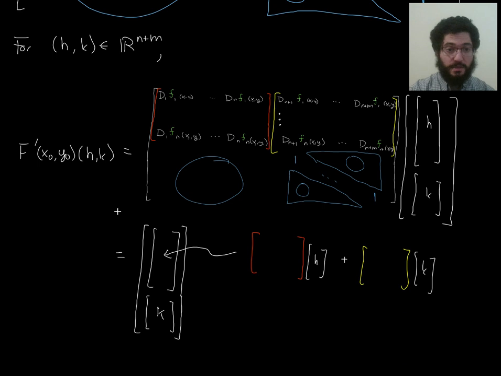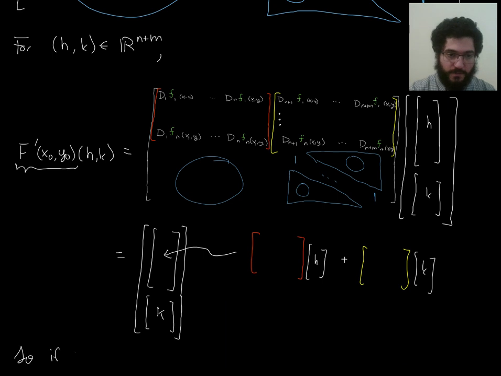Okay, so what I'd like to prove is that this is invertible, right? I will just prove it's injective. That will be sufficient, since it's a linear map from a vector space to a vector space of the same dimension. So if it's injective, then it's invertible.